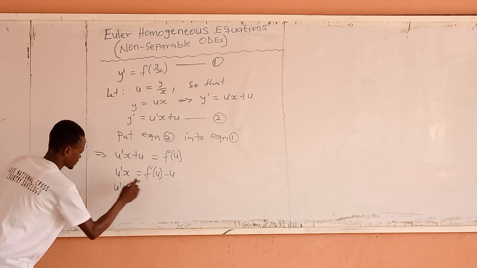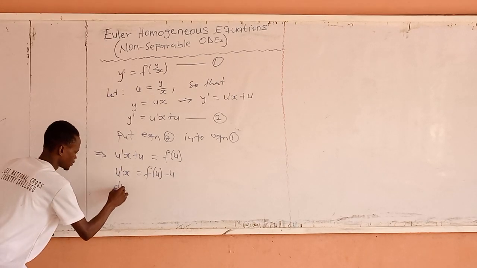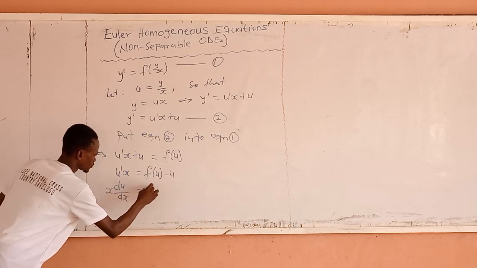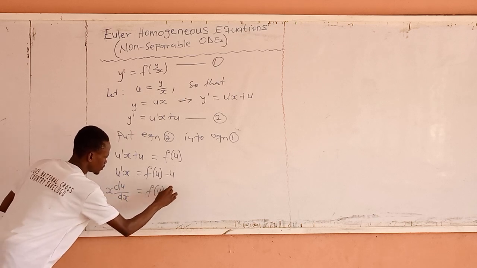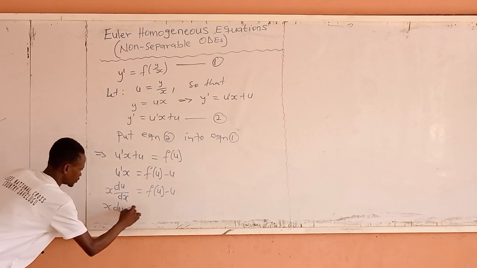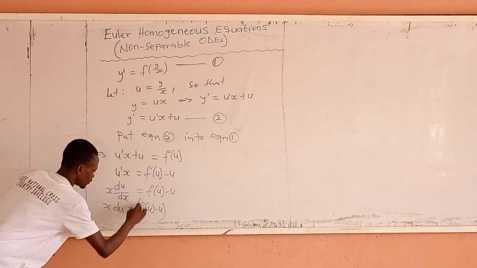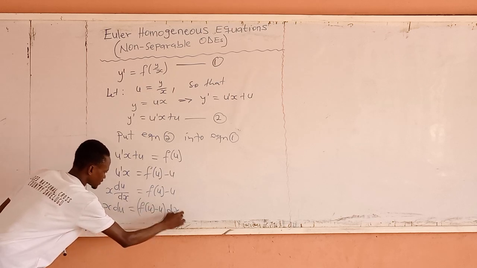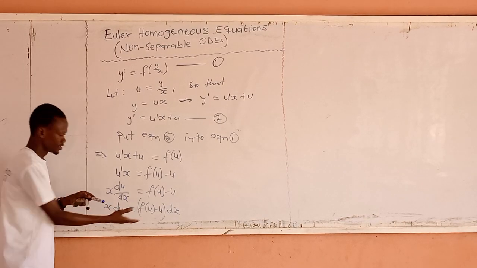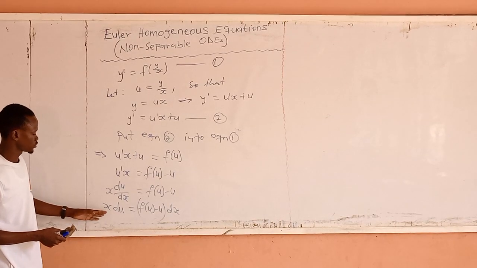Now we can change the u prime into du dx. So here becomes du dx multiplying x to be equal to f of u minus u. So we have x du equal to f of u minus u, all multiplying dx. Now when you look at this critically, you realize that the u's are at this side whilst the x is also at this side.